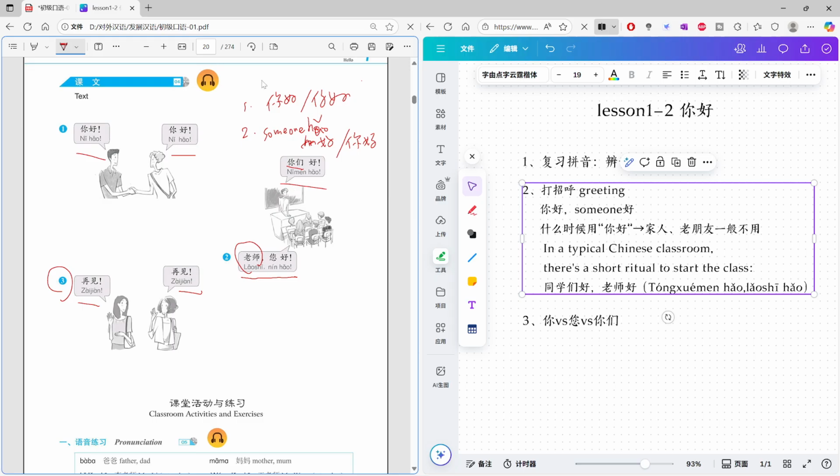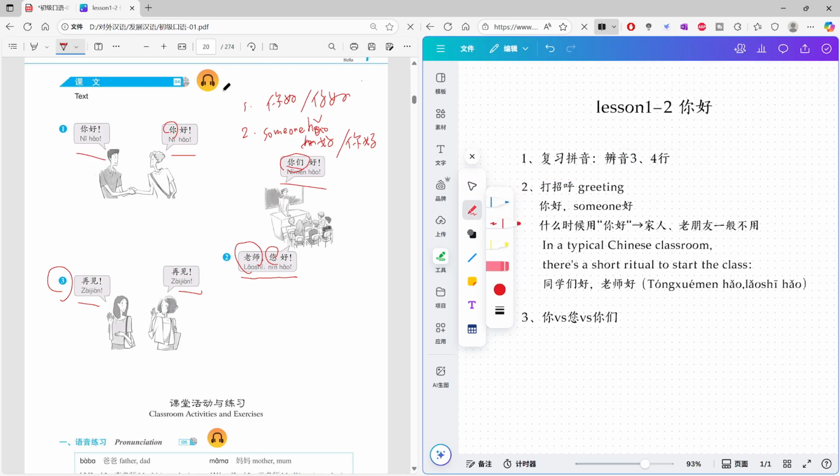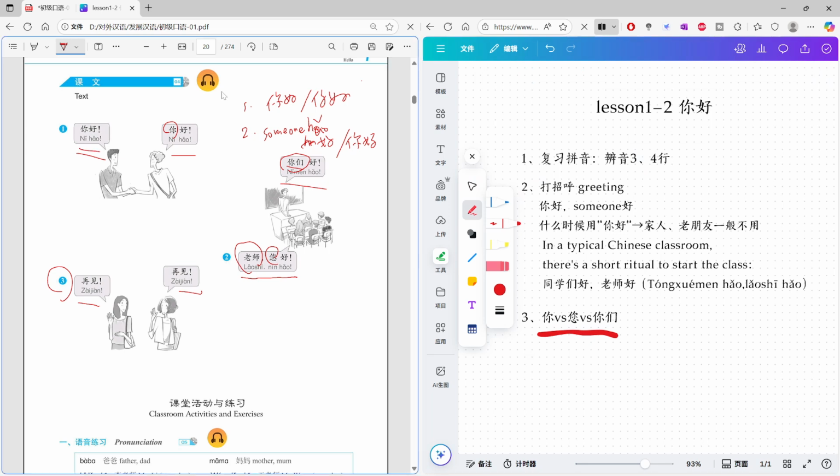But so what's the difference of 你们 and 你 and 您, these three words? What's the differences? Okay, yeah 你好 and 你, actually 你 is you. 你们, look at the picture, it's a group of people right? This is only one people, a group of people, yeah more than one people we use 你们.